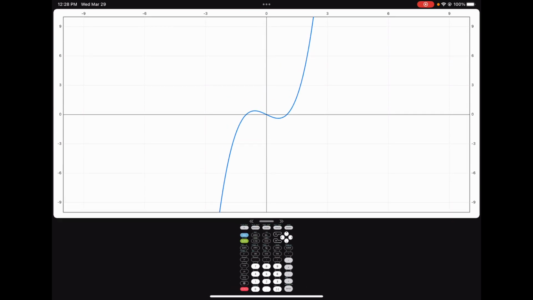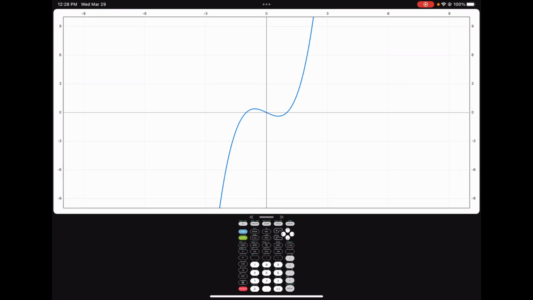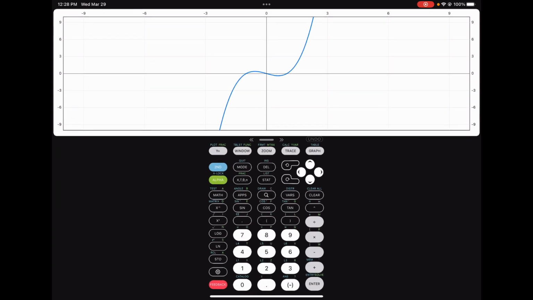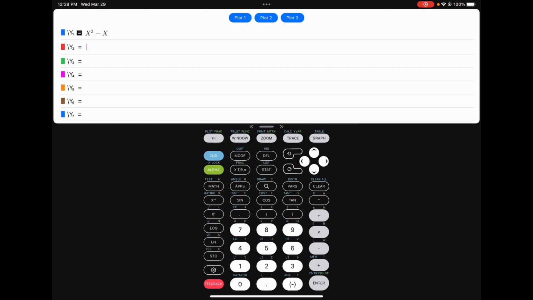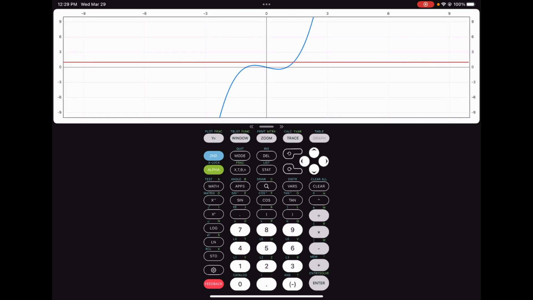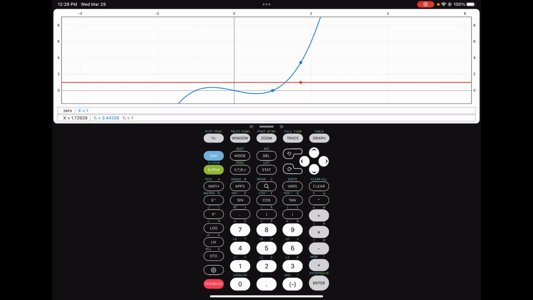Now on the graph, I want to know where it is equal to 1. So there are 2 ways to do it. The way I usually do it is I just make another graph that equals 1, and I look for the point where they cross each other. I use that calculate intersection button.